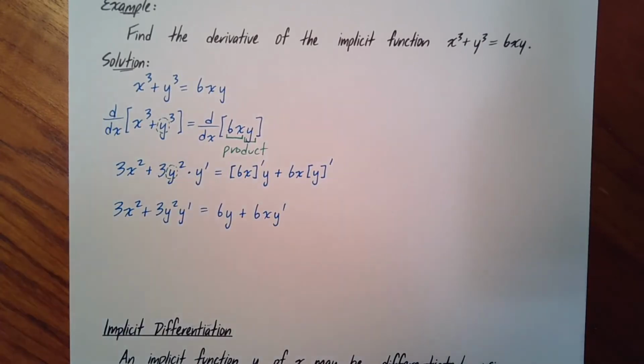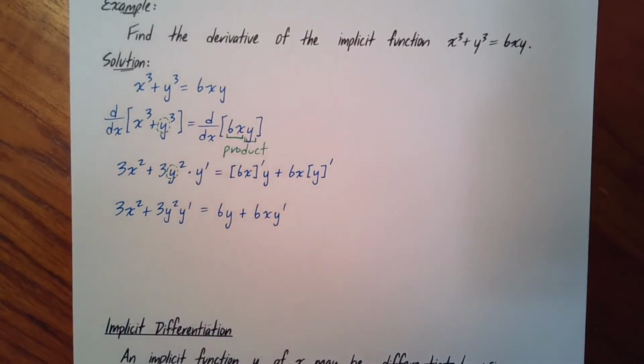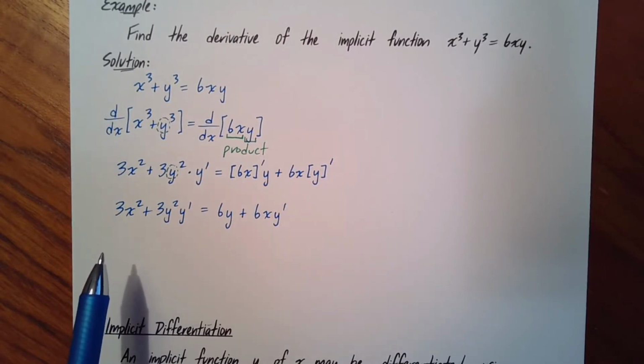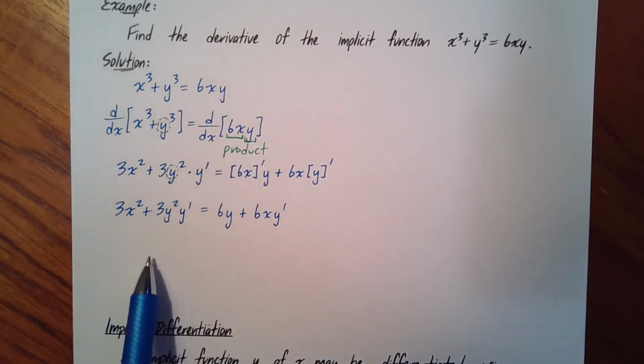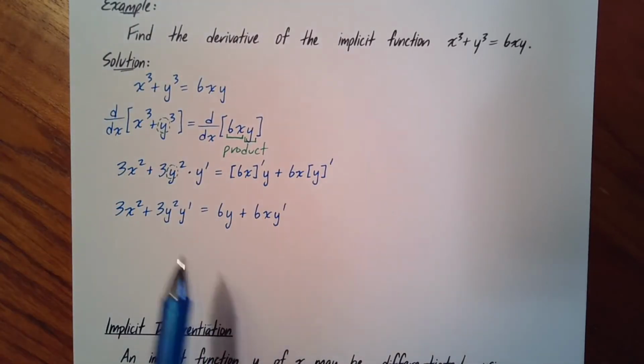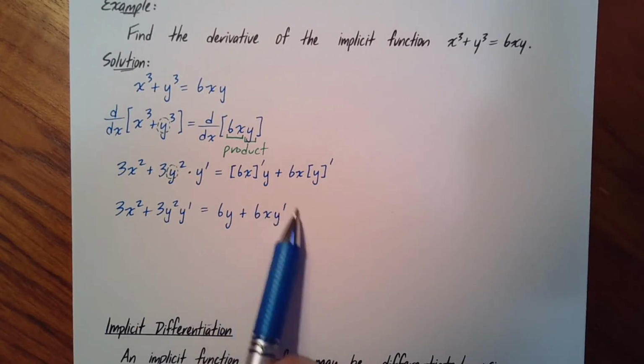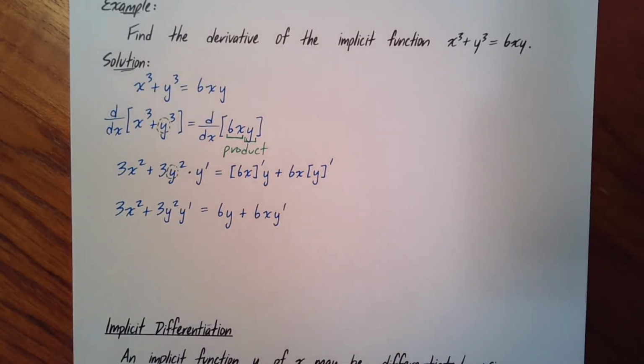So just simply move all the ones that do have y prime as a factor onto one side of the equation. I like to do it onto the left side. And then all the terms that do not have y prime as a factor, move them over to the other side of the equation. I like to move them over to the right-hand side. So 3x squared, I'm going to subtract that over to the other side of the equation, and then the 6xy prime, I'm going to subtract that over to this side of the equation.